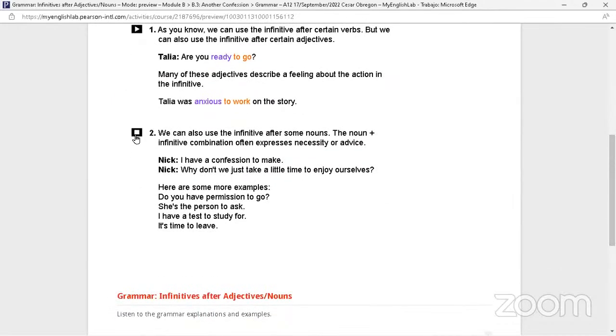Number two. We can also use the infinitive after some nouns. The noun plus infinitive combination often expresses necessity or advice. I have a confession to make. Why don't we just take a little time to enjoy ourselves? Here are some more examples. Do you have permission to go?